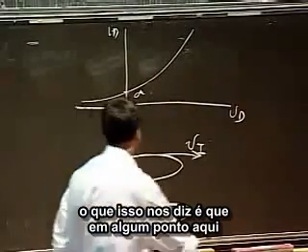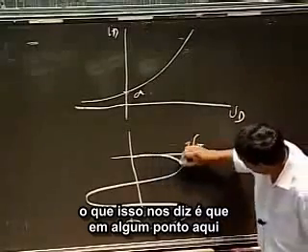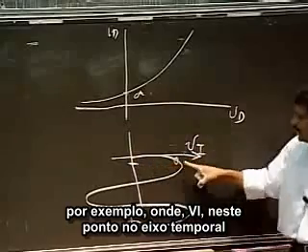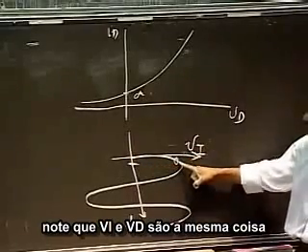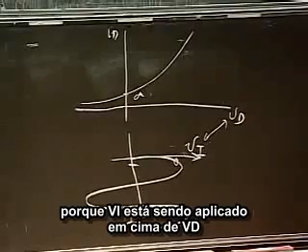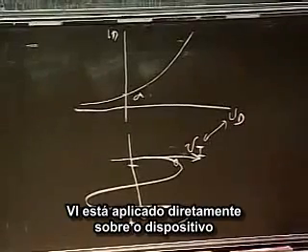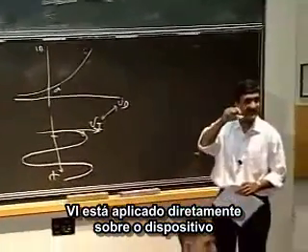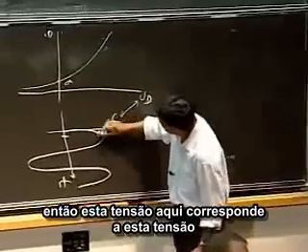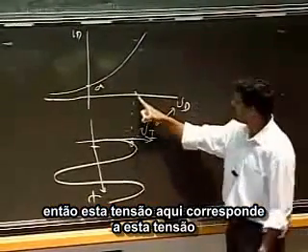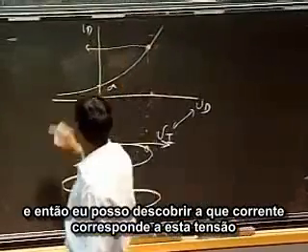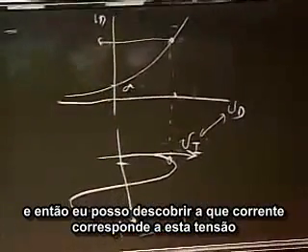So what this says is that at some point here, for example, when VI is here, notice VI and VD are the same thing, because VI is applied across VD. VI directly applies across the device, and so VI equals VD at all time. So this voltage here corresponds to this voltage, which corresponds to this current, and then I can find out what the current is for that voltage.